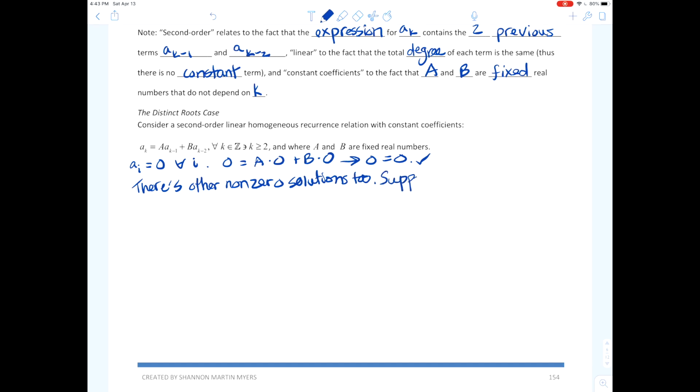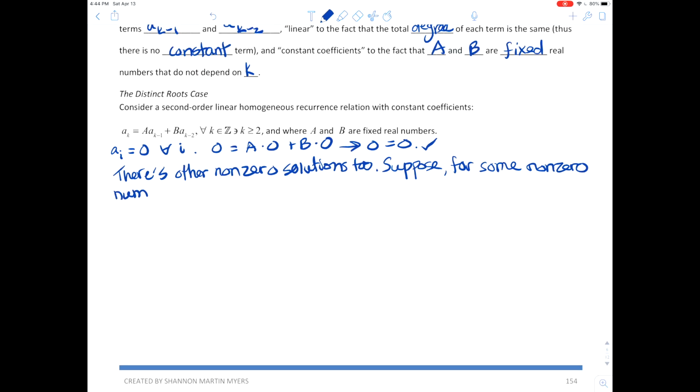Let's suppose that for some non-zero number t, because we already showed that 0 is a solution, the sequence 1, t, t squared, t cubed, t to the n, and then continuing in that manner, satisfies this given relation.